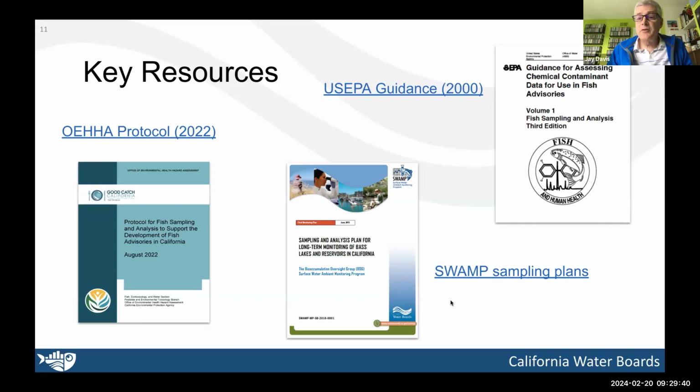This is just one example, but all the steps are laid out in these documents, from defining what questions you're trying to answer through all the steps of the monitoring program. So those are also very, very helpful documents.